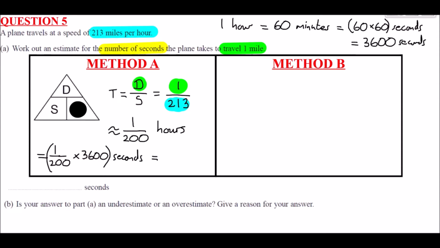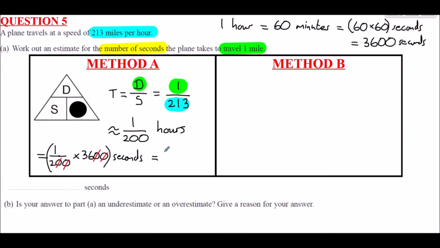We can now simplify this down. So we're dividing by 200, but we're multiplying by 3,600. So if we put this fraction as 3,600 over 200, we'd have 2 zeros at the end that would cancel with the 2 zeros there. And so it becomes a half of 36.